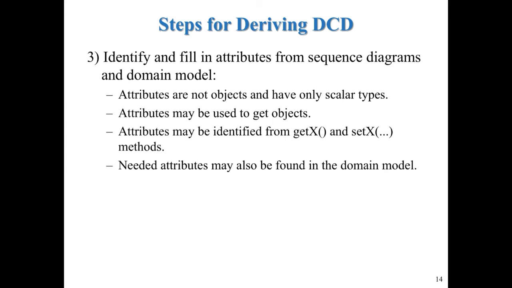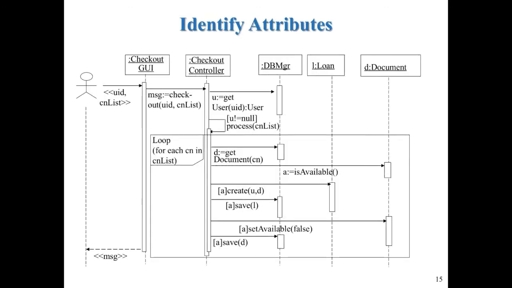So here, whatever you pass in get or whatever you get in the return type of set, these are all your attributes. You can also find your attributes from your domain model. Some of the attributes were there that we identified. Okay, see here, UID and user ID.